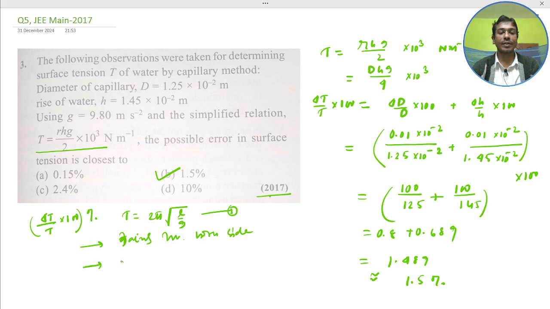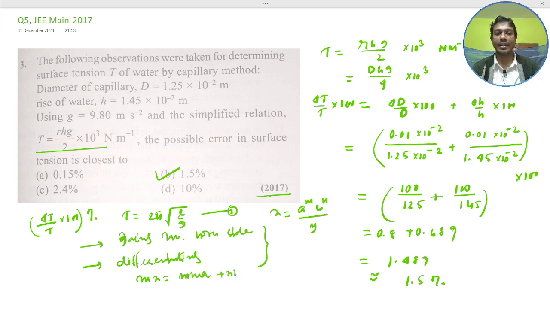Next one, differentiating both sides. These two are the main fundamentals. Suppose given x is a to the power m, b to the power n by y. So you have to take ln both sides. So ln x would be m ln a plus n ln b minus ln y.